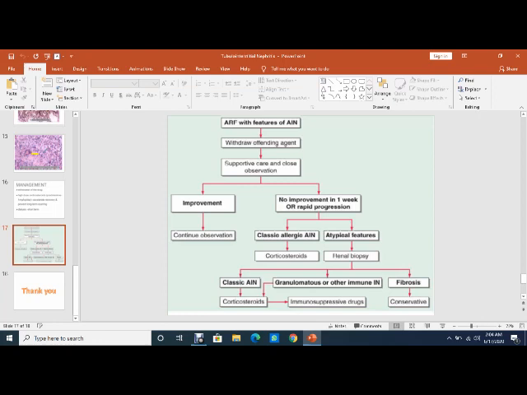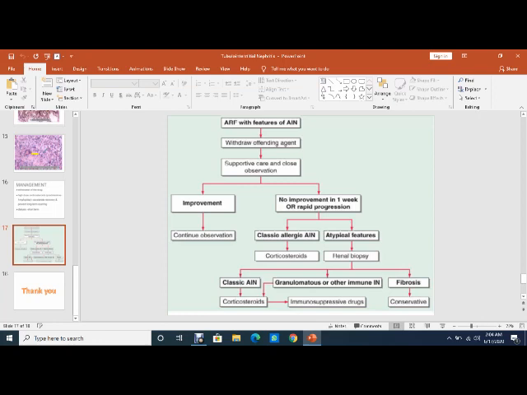Biopsy also shows chronicity, fibrosis or scarring. If this has developed, that suggests chronic TIN. When the patient develops chronic TIN, these patients develop chronic kidney disease, CKD, and we treat these patients conservatively. Here there is no role of corticosteroid.